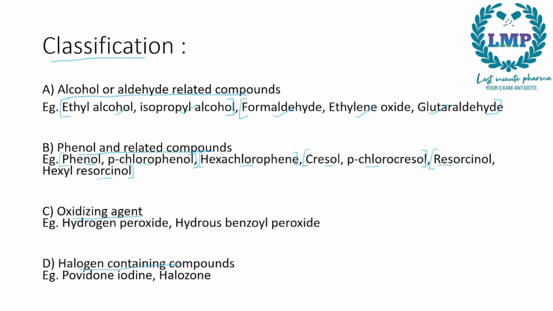Now next we have oxidizing agents. In oxidizing agents we have hydrogen peroxide and hydrous benzoyl peroxide. So we will remember that oxidizing agents would be peroxides. Which two peroxides? Hydrogen peroxide and hydrous benzoyl peroxide. In halogen containing compounds we have povidone iodine and halazone.